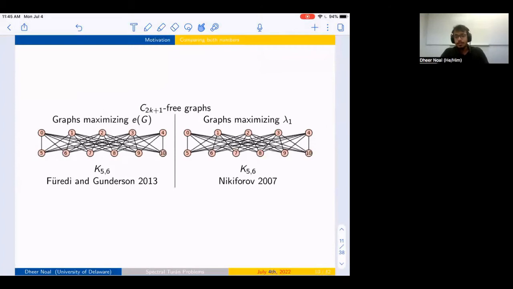If we forbid odd cycles, it's again the Turán graph on two parts, or you can say it's the complete bipartite graph with balanced parts. And so Füredi and Gunderson proved this for large enough values of n with respect to k, but other parts have been proved by other people. I just didn't put a big list over here.